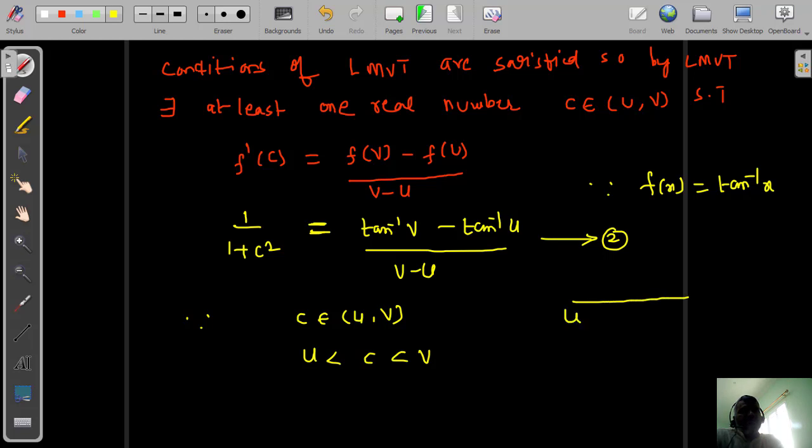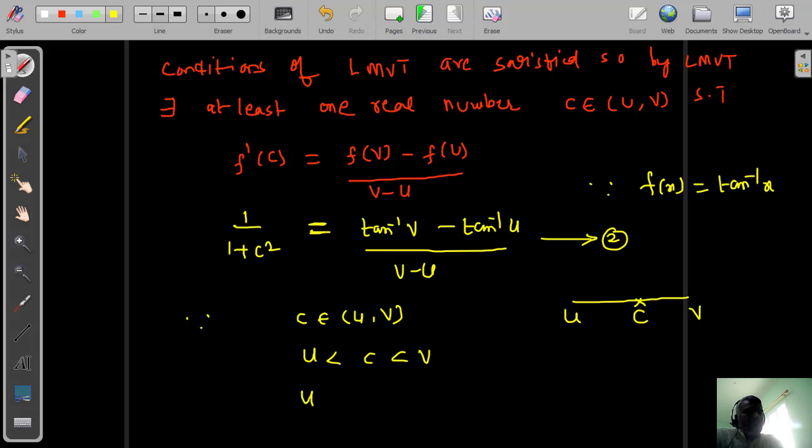Suppose this is u and this is v, c is in between, which we write as u less than c less than v. I need to write the 1 by 1 plus c square value here, so I want to change it.